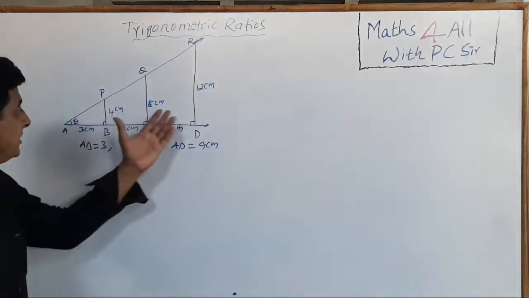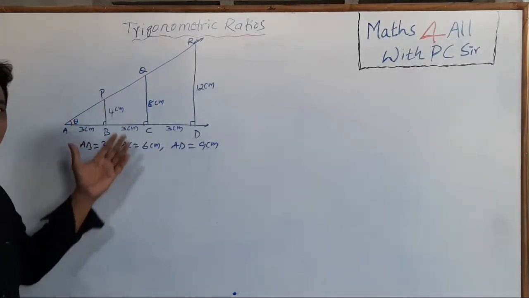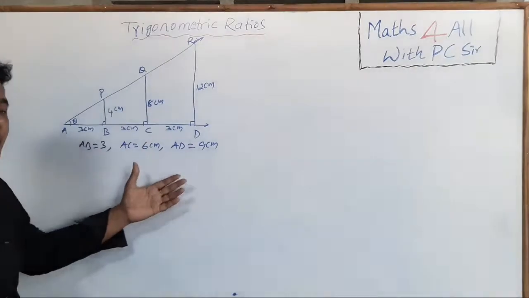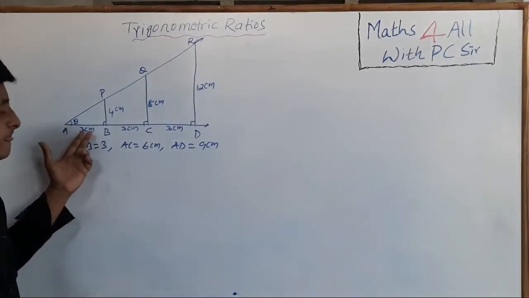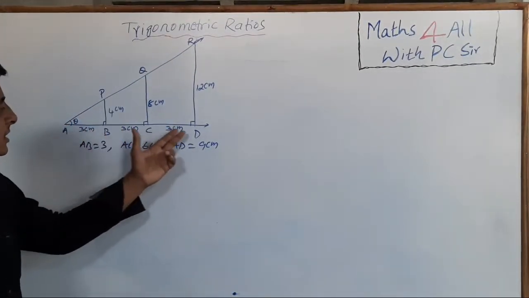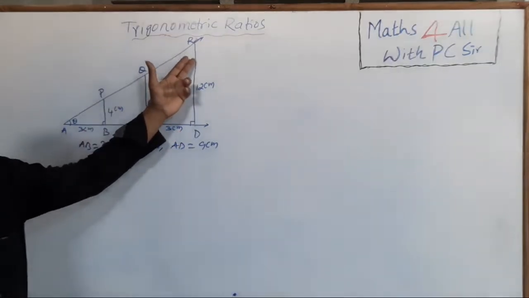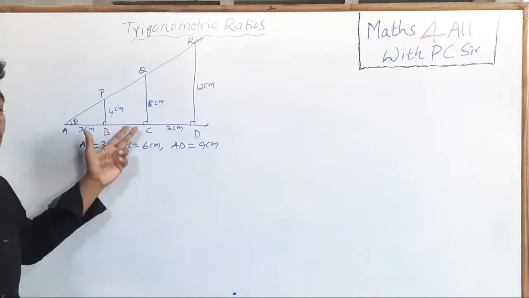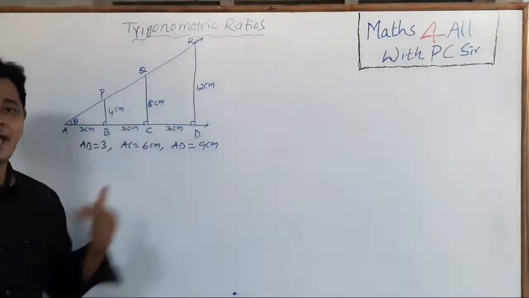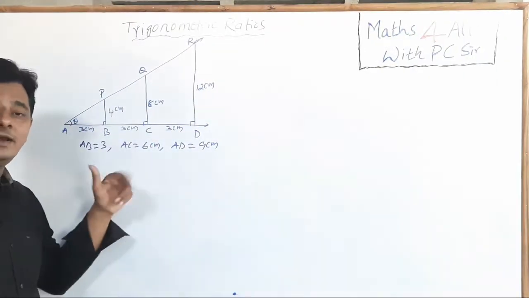So in all the triangles APB, AQC, ARD, this angle is common, angle B equal to angle C equal to angle D, as well as angle P equal to angle Q equal to angle R. These are corresponding angles. So all these triangles are similar to one another.